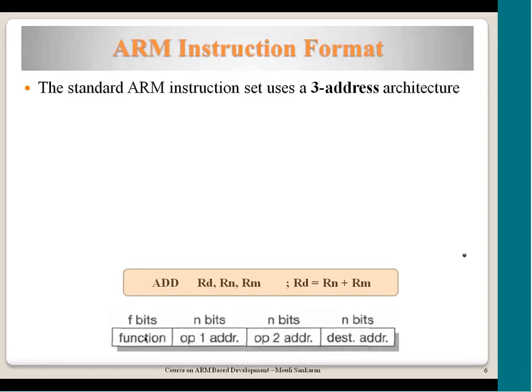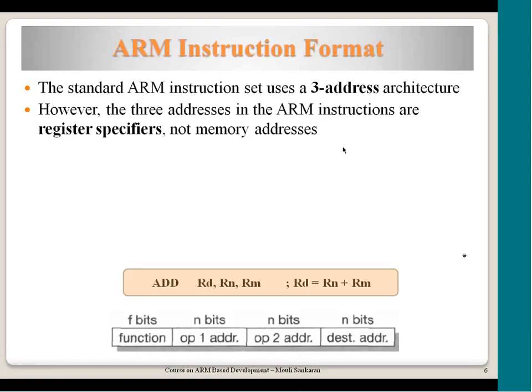It is a general format where the function to be performed occupies f bits in the instruction, and then there are three operands: two operands and one result. So three registers are to be represented in the instruction, each one of them occupying n bits, because they are all internal registers. So all of them require n bits to encode them.